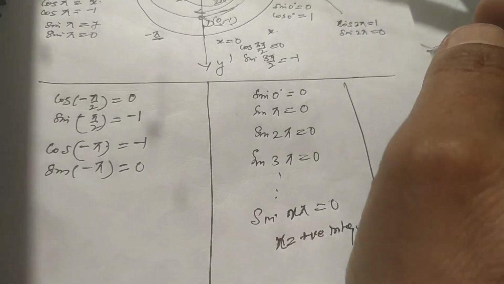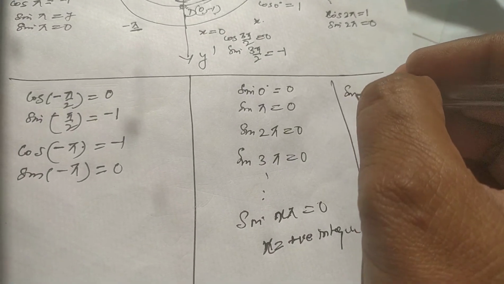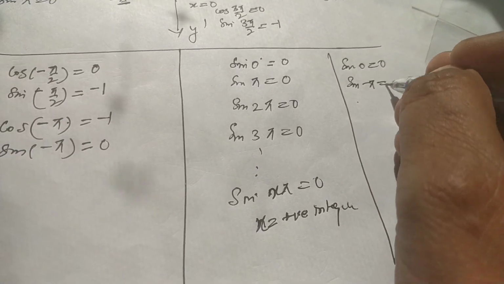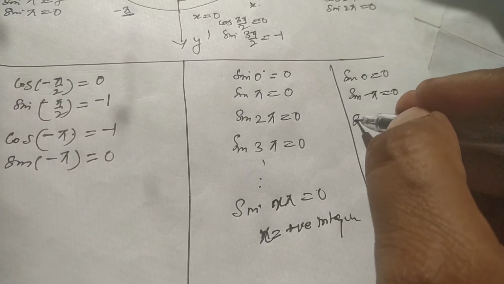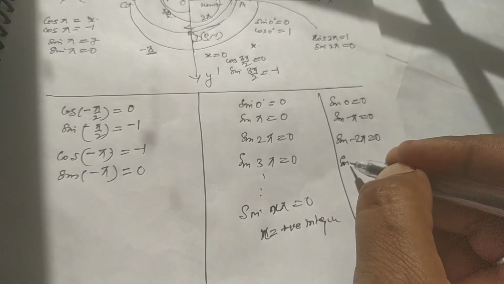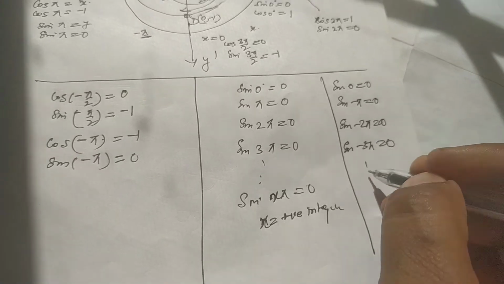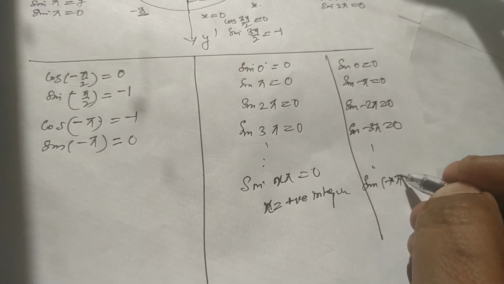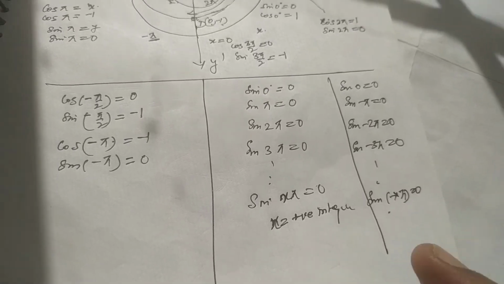Now see the negative side: sine 0 is 0, sine minus pi is 0, sine minus 2 pi is 0, sine minus 3 pi is 0, and so on, sine minus x pi is 0, where x is an integer.